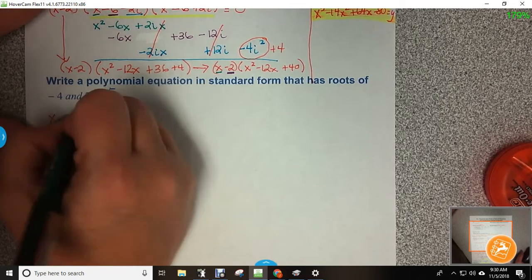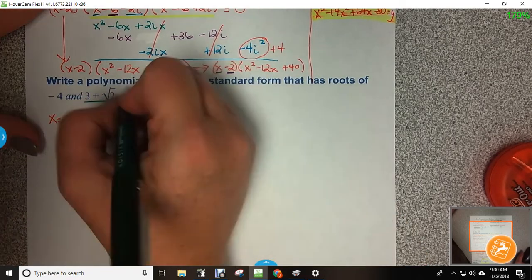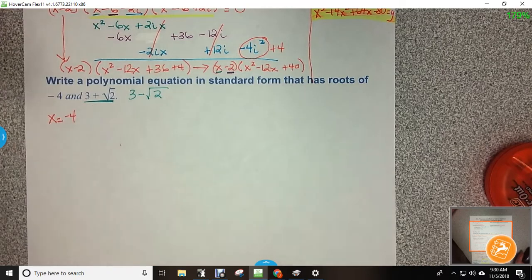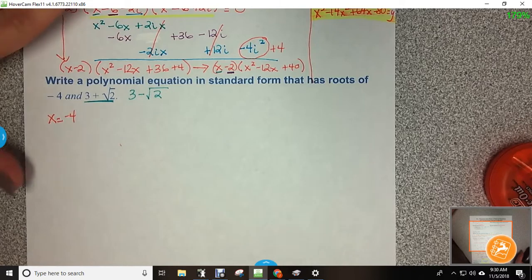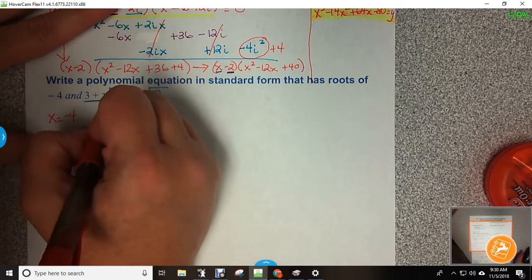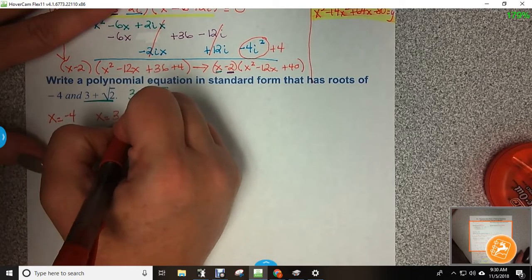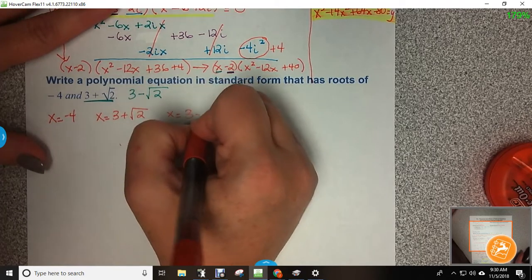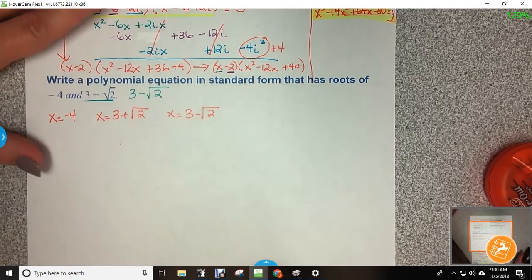This one, however, is an irrational root, so it should have a pair, so it also has 3 minus the square root of 2. So I'm going to set up x equals 3 plus the square root of 2, and x equals 3 minus the square root of 2.